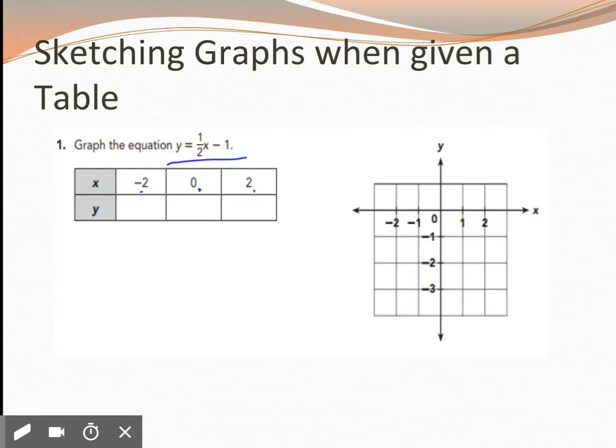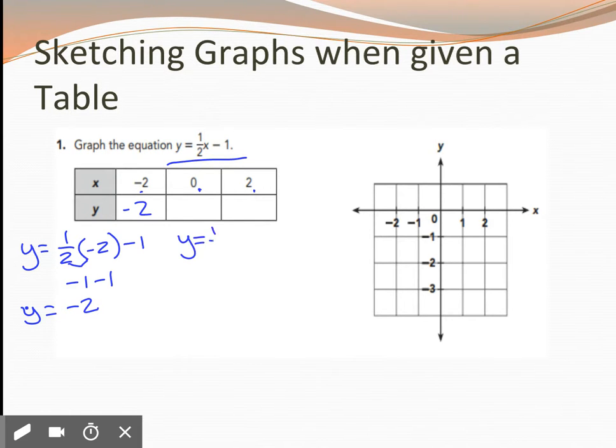So I'll start with my first point and put y equals 1/2 times -2 minus 1. So first I do my multiplication, and that gives me -1. And I still have my -1. So -1 minus 1 equals -2. So my first point is -2, -2.